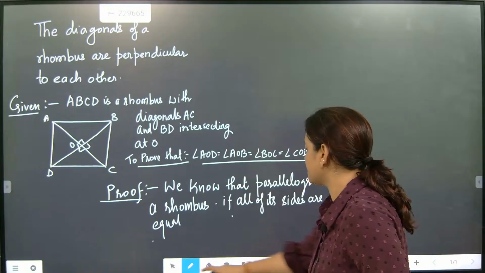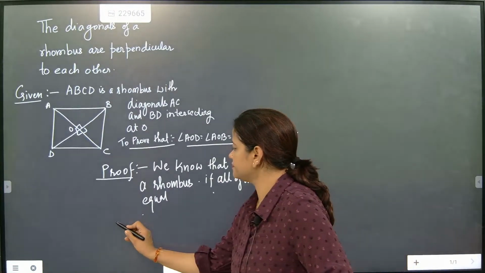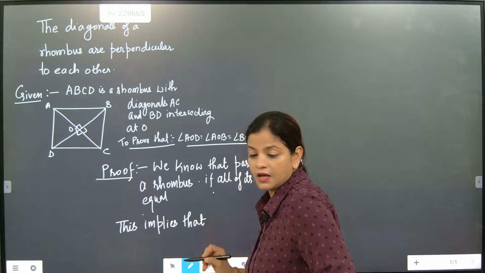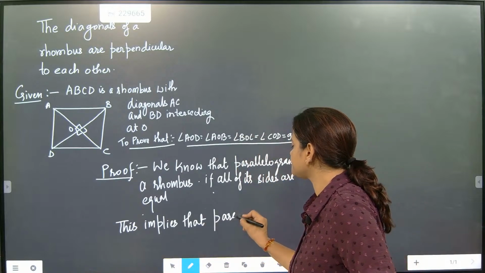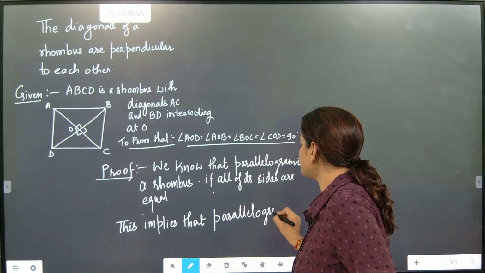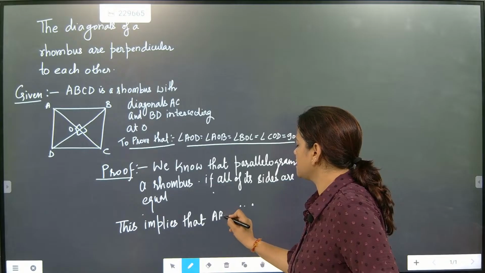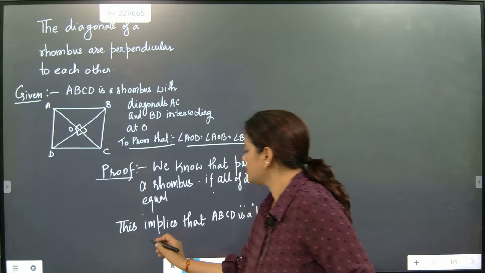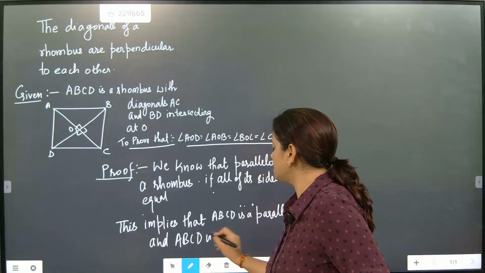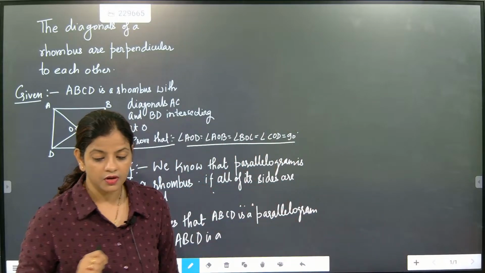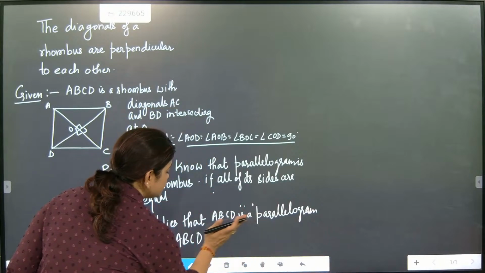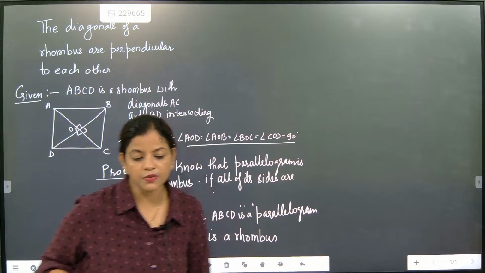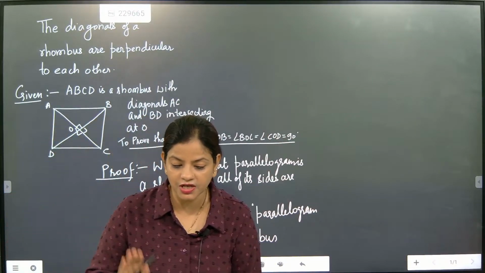So this implies that ABCD is a parallelogram and ABCD is a rhombus. Both things are actually given here.